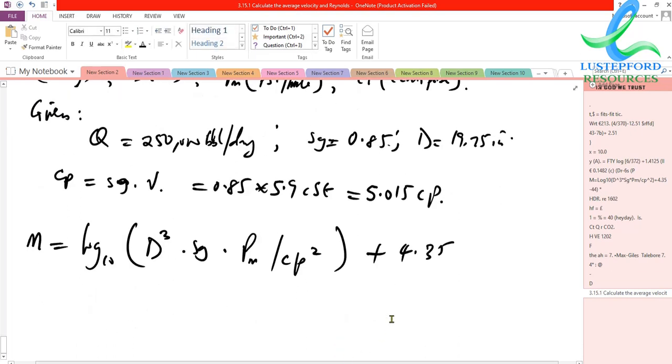Now for you to get your M, we need to assume the value of PM, let's say it's 10.0 psi per mile.